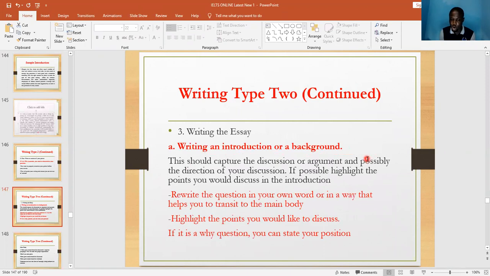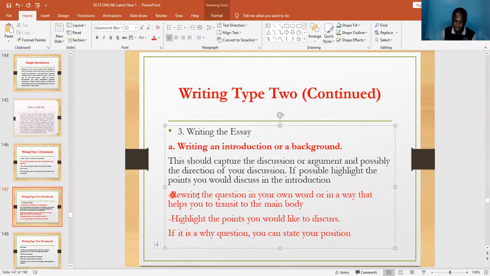I said your introduction should do two things. One of them is to rewrite the question in your own words, or in a way that helps you to transit to the main body. Secondly, if possible, this is not mandatory, but sometimes it's helpful, highlight the points you would like to discuss.